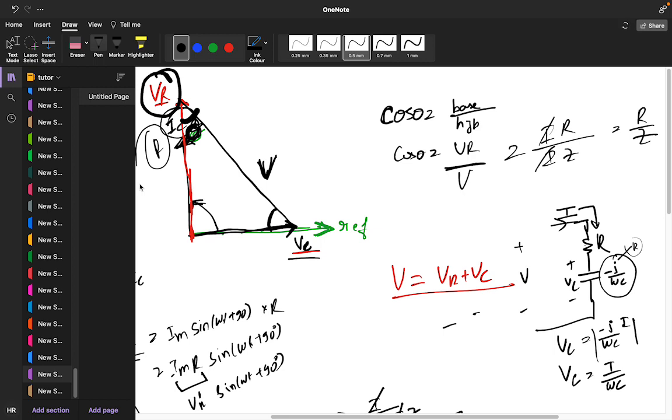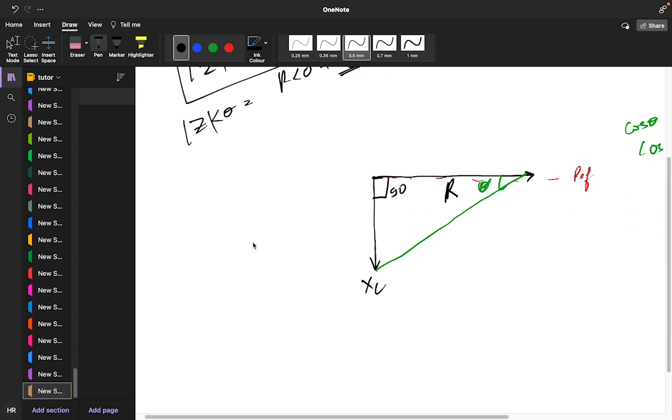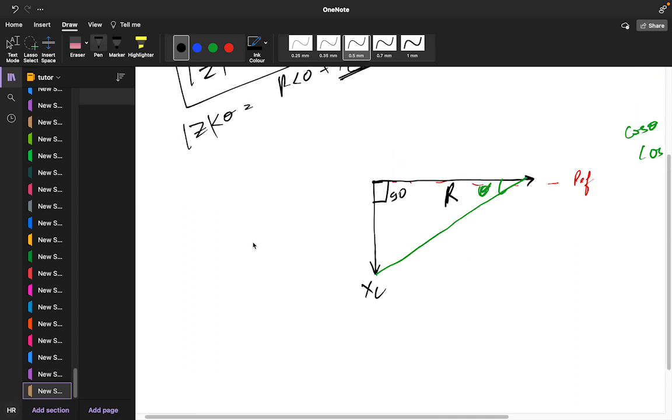Prasanna, is it clear? Or do you want me to explain once again? Vaishnavi, is it clear for you?